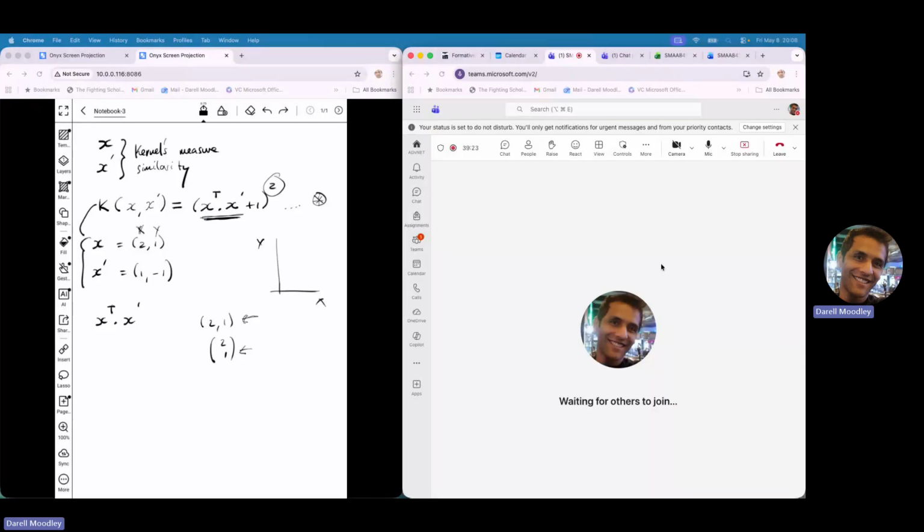So basically your rows and columns become switched around. But essentially what you're trying to do here, right? So if I have my 2 points here, my x here is 2 and 1, and my x prime is this, 1 and minus 1.